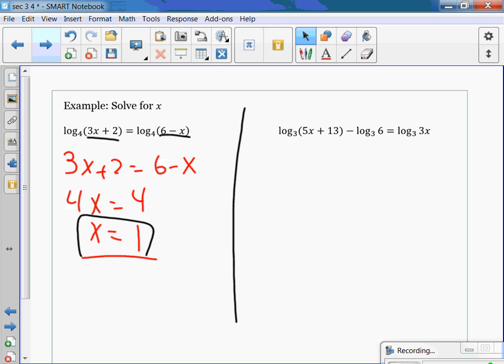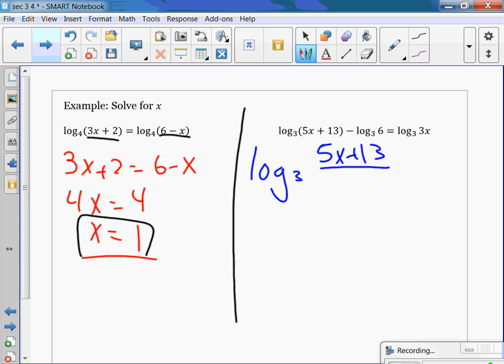Absolutely. I heard condensing and I heard using the quotient property. So here we have our log base 3. We're using the quotient property, condensing, or perhaps I may be using the product property, but in this case, since we had the minus, we're using our quotient property, giving us just 2 logarithms now: log base 3 of 5x plus 13 over 6 equals log base 3 of 3x. So now what?